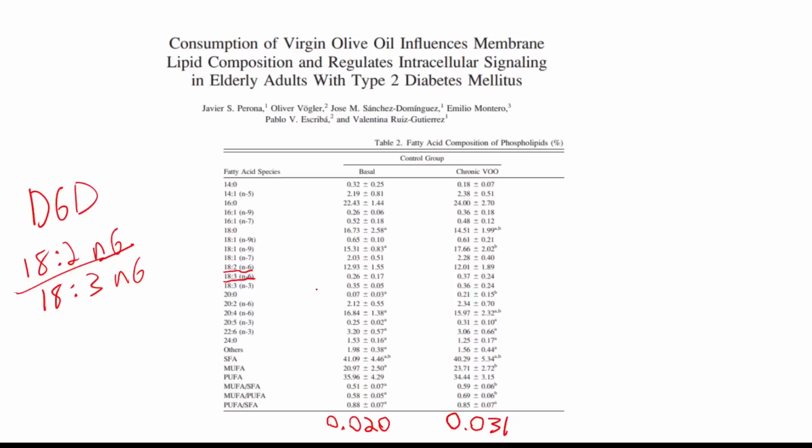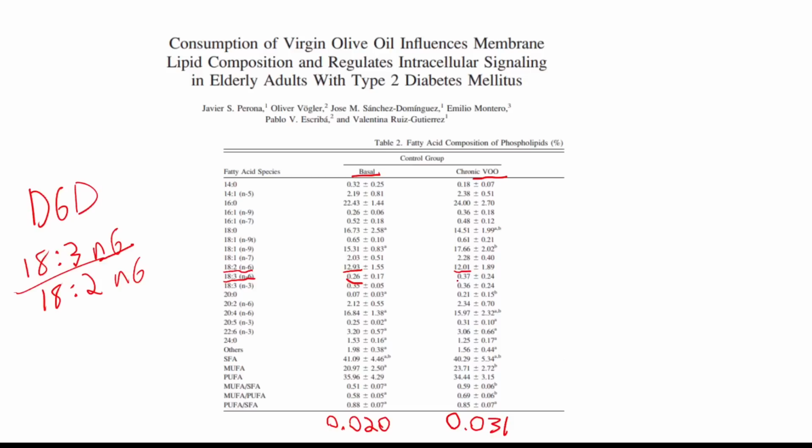So PPAR, one of its target genes, is delta 6 desaturase. And you can see here is our product to precursor ratio. So this is when everyone's diet is being made with sunflower oil, and you can see linoleic acid is at 12.9 and GLA is at 0.26. And then as they switch to virgin olive oil, what happens is the linoleic acid drops, and that might just be because they're consuming less linoleic acid.